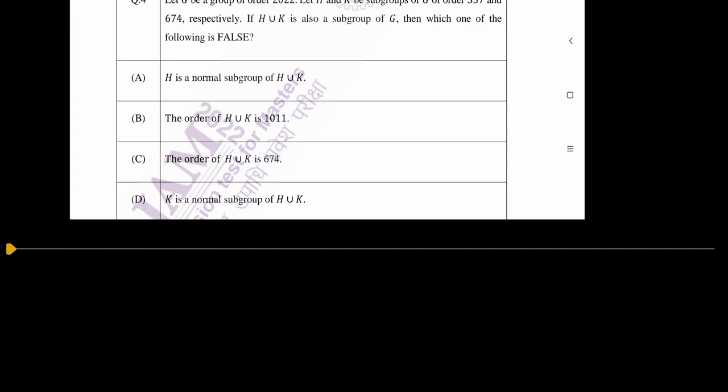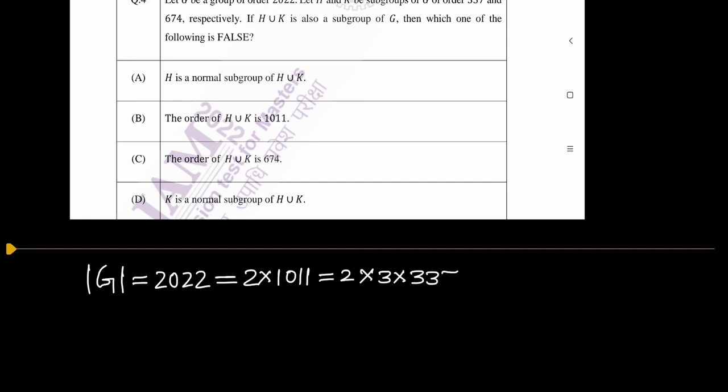So here you see that the order of G is 2022, and this number can be factored as 2 into 1011, and again you can factor 1011 as 3 into 337.